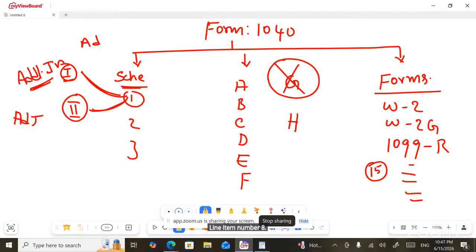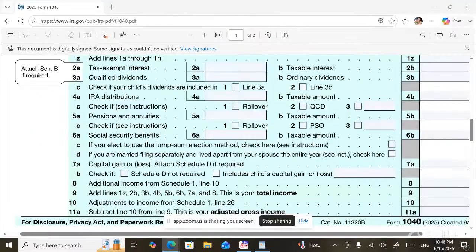Now coming to schedule 1, this is part 2. Part 2 is adjustments. Adjustments, again let us go back to our form. Coming to 1, 2, 3, 4, all these are the various types of incomes.